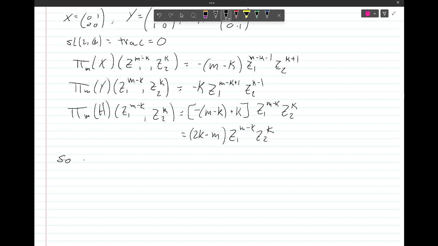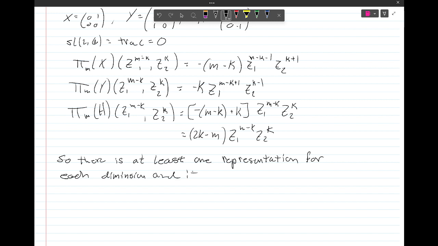So there is at least one representation for each dimension, and it is capital Pi m, and lowercase pi m.